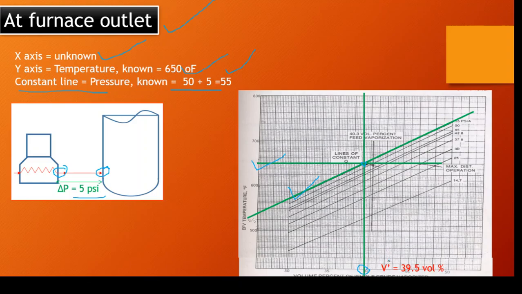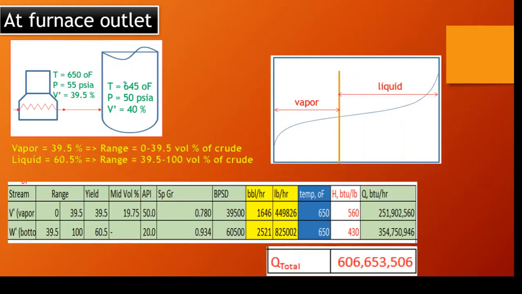So we can say the value is V dash, 39.5 volume percent. So now we have calculated all these values at the flash zone and at the furnace outlet. In the vapor phase it is 39.5, this is the range for the vapor phase, the lighter one, and the remaining 60.5, that is basically the yield, from 39.5 to 100 is the liquid phase.